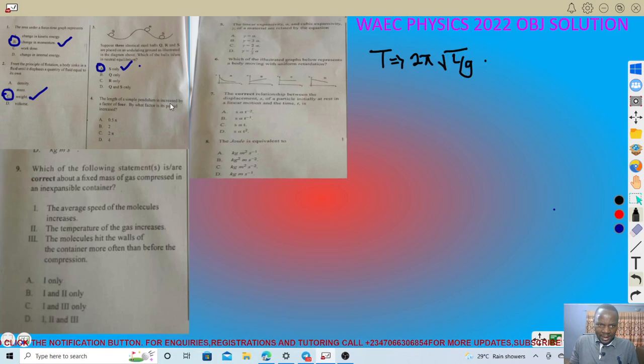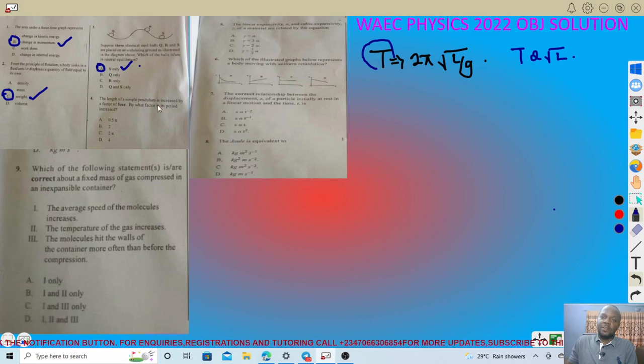So we are relating the length with the period. Directly, we can say the period here is proportional to the square root of length. This is the relationship we are setting, a direct relationship, as you can see. So we don't need to waste our time since it is directly proportional.